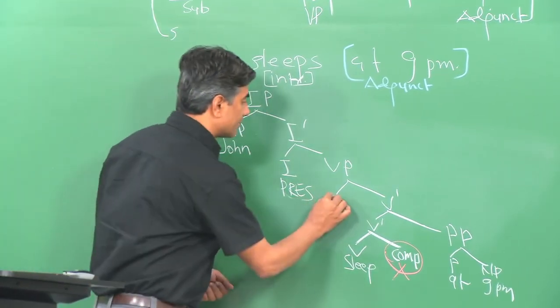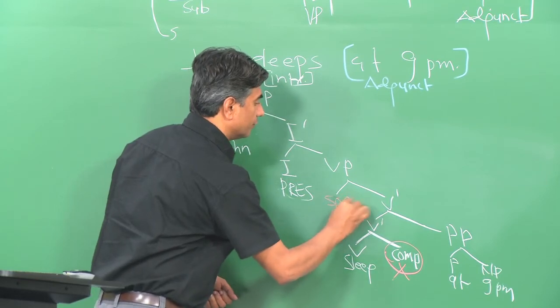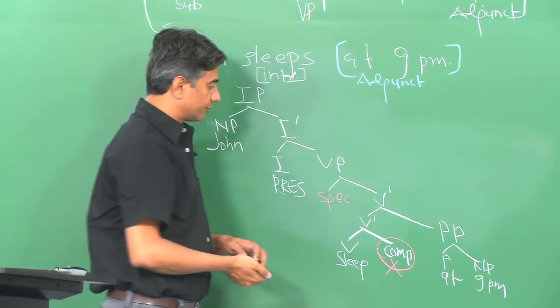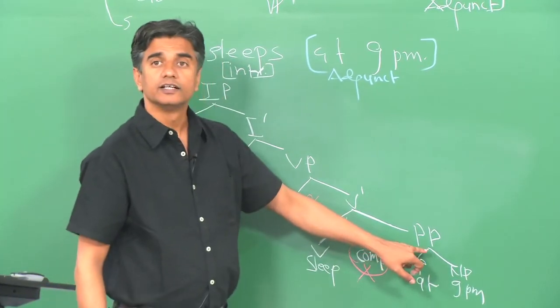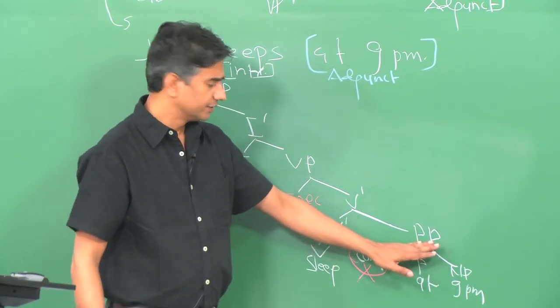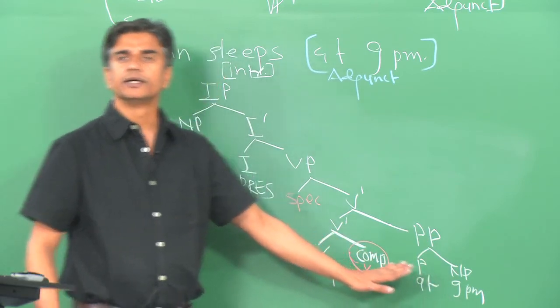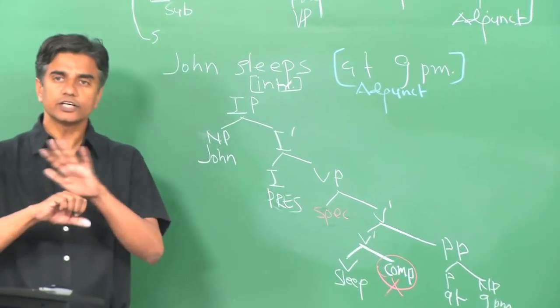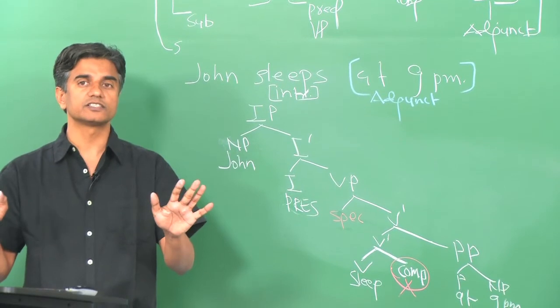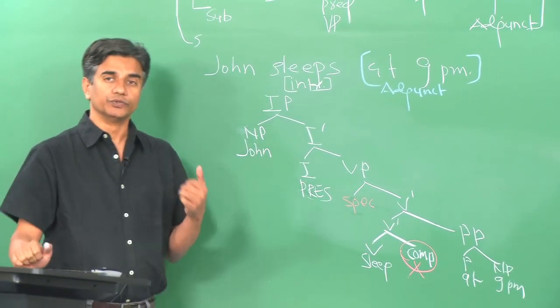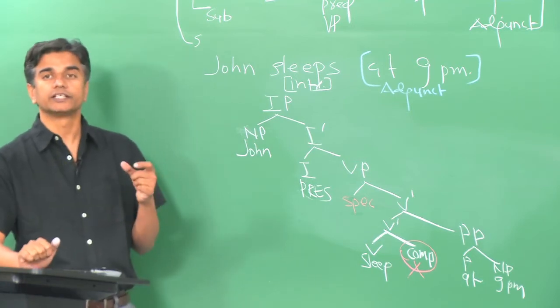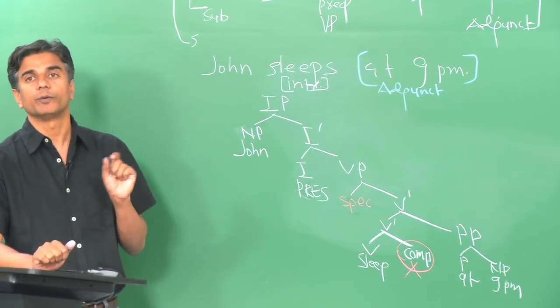You see here as an example of a specifier of the verb. There is no specifier of the verb here, this position is empty. There is no specifier of the PP, therefore we haven't even mentioned that position. So things that are not available in the sentence, those positions are going to remain empty. Then this is how we know the distinction between a complement and adjunct.